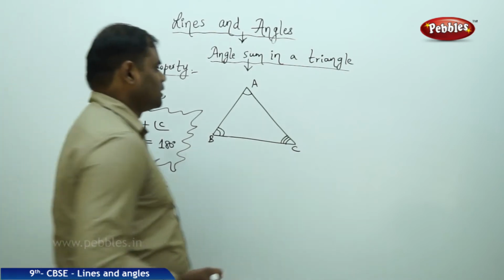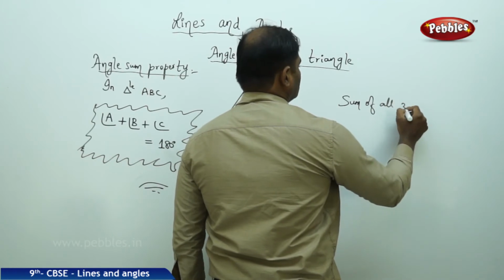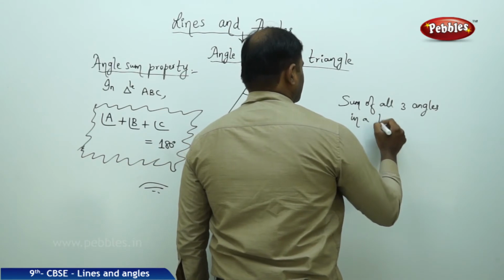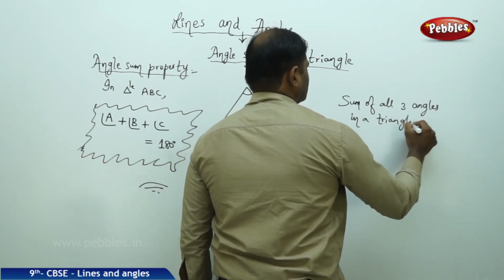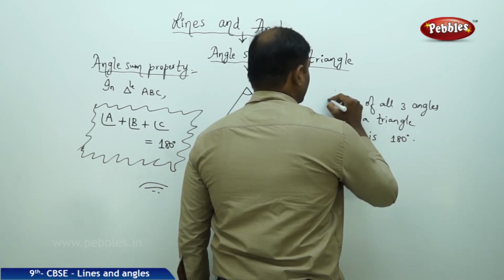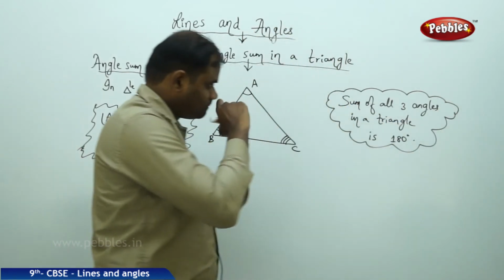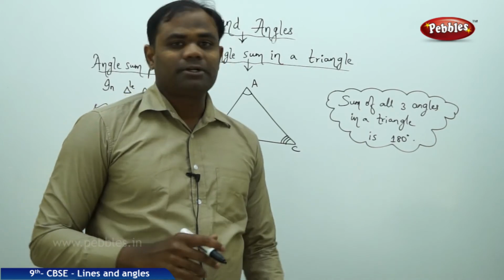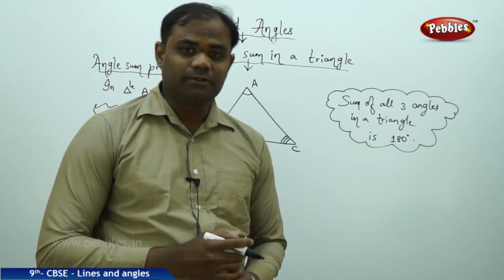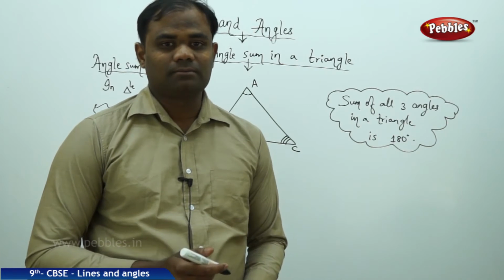So this is read as: sum of all three angles in a triangle is always 180 degrees. Sum equals 180 degrees is how we understand the angle sum in a triangle.